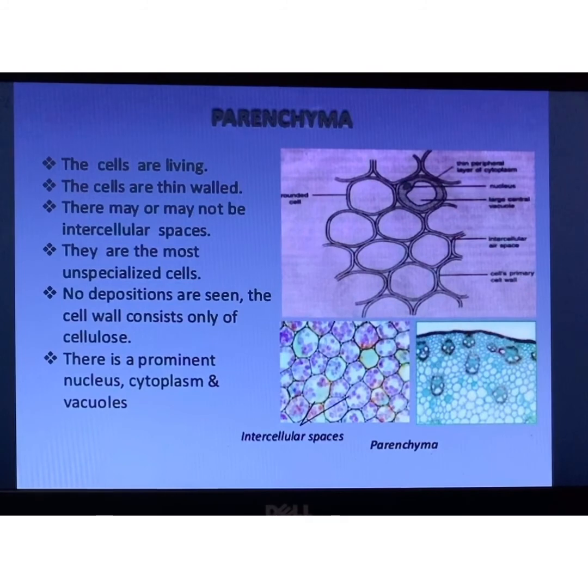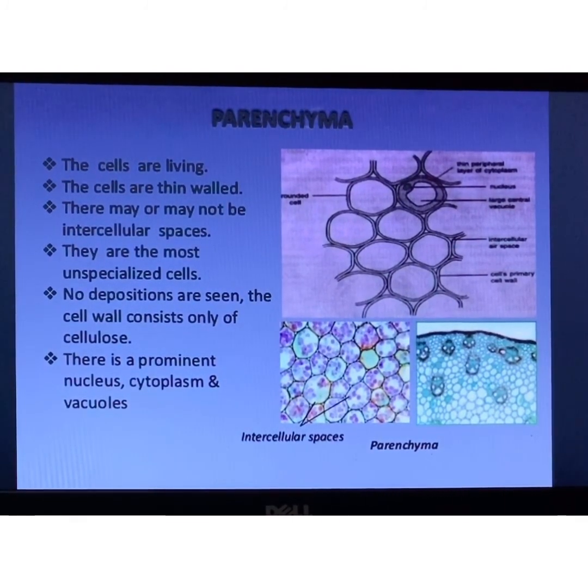Now parenchyma tissues, if you remember, the outer tissues, that is the epidermis, were the protective tissues. Now below that will be the cells which make up the entire plant. So parenchyma cells are found all over the plant, right from its roots to the stems, the leaves, the flowers and fruits.